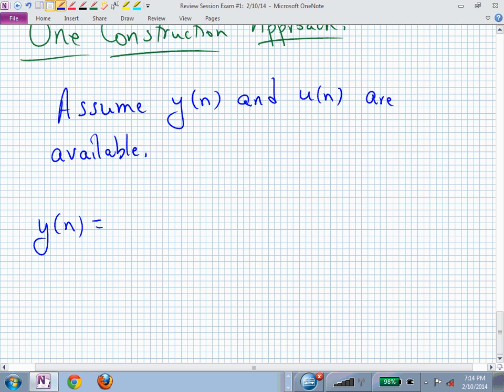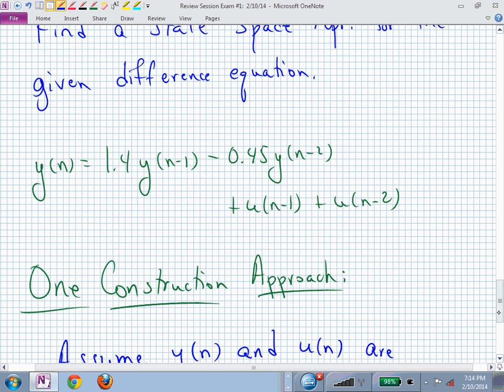If you took a 340 from me or some other class from me that worked on this, you've seen this where we nested integrals in the time domain. Here we're nesting delays. And delays I'm just going to call d. That's an operator that's going to be a delay. If I needed y of n minus 1, if I operated on y of n by d, that would be y of n minus 1.